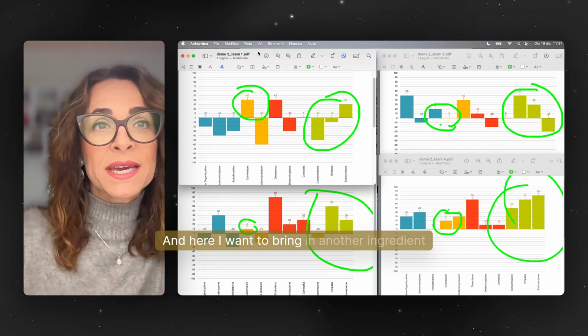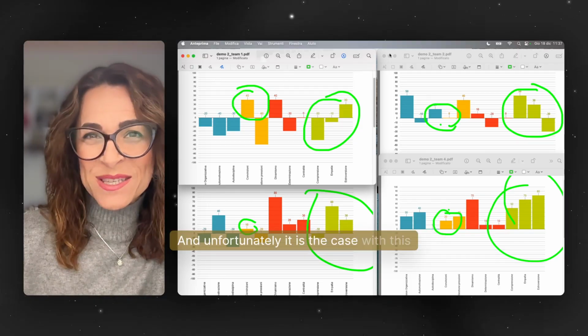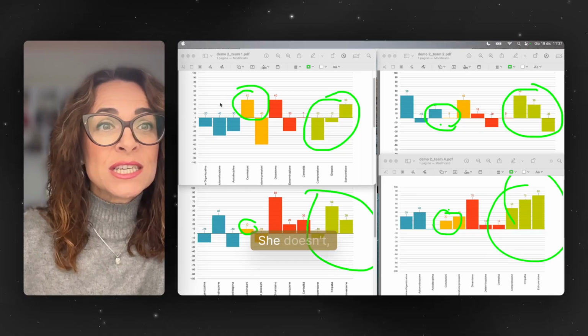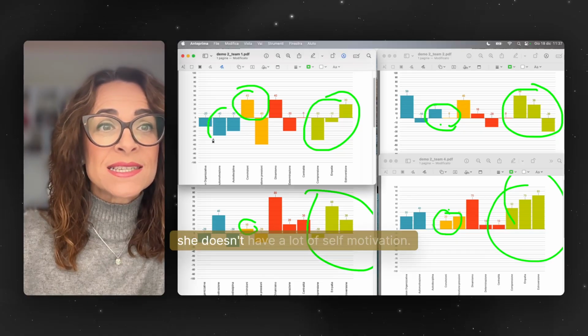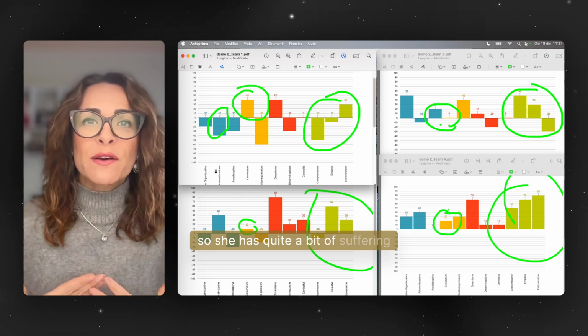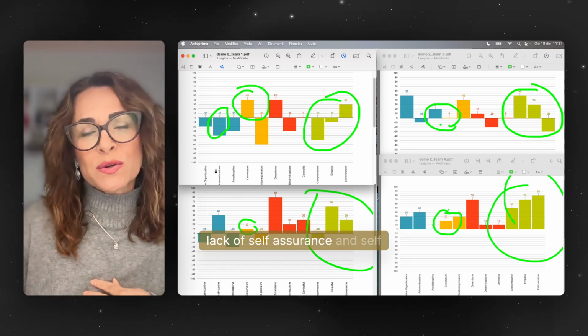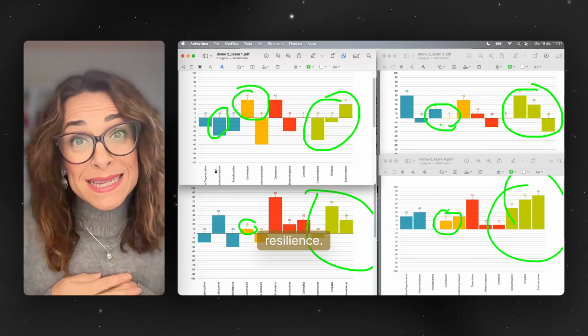And here I want to bring in another ingredient that's very important. And unfortunately, it is the case with this particular team. She doesn't have a lot of self-motivation. So she has quite a bit of suffering and lack of self-confidence, lack of self-assurance and self-resilience.